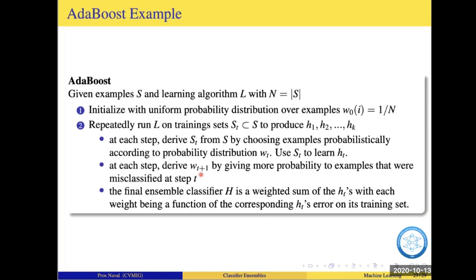And at each step also we derive the probability distribution over the examples W by giving more probability to examples that were misclassified at step T. And finally, the final ensemble classifier H is a weighted sum of all the H's, with each weight being a function of the corresponding Ht's error on its training set. So that's your AdaBoost algorithm.